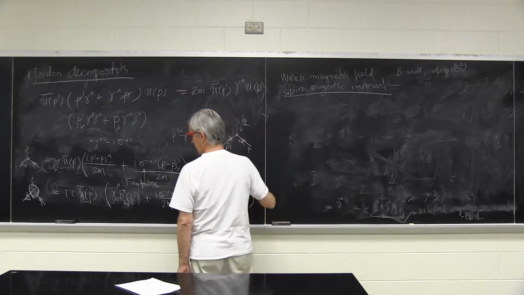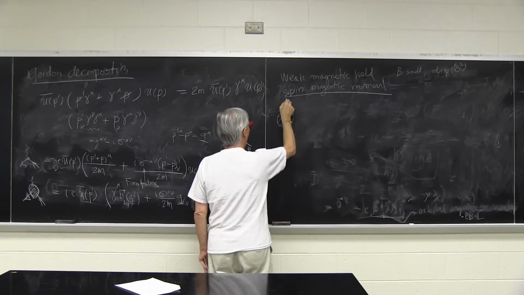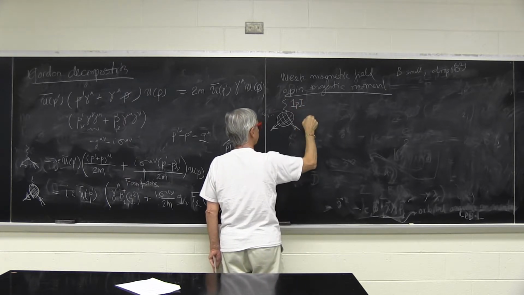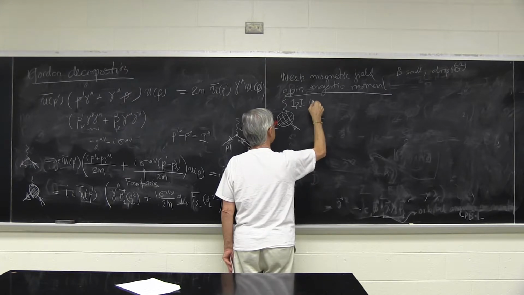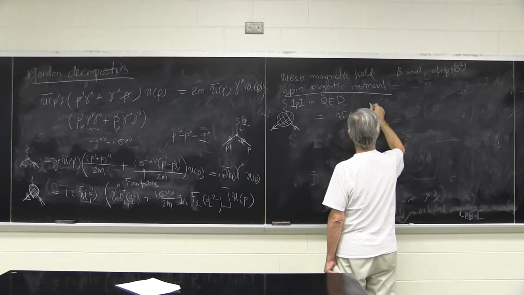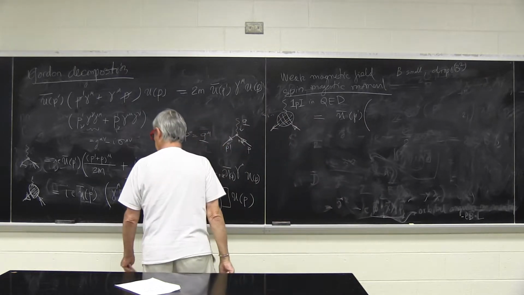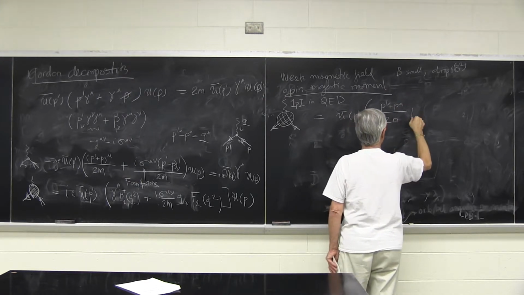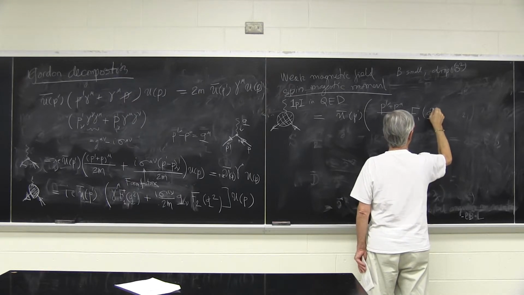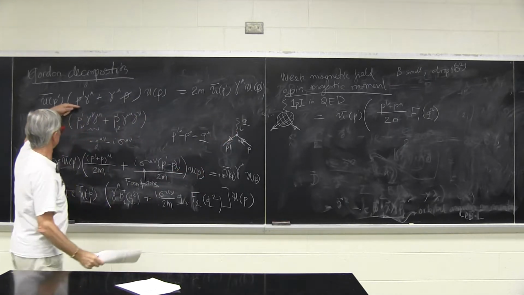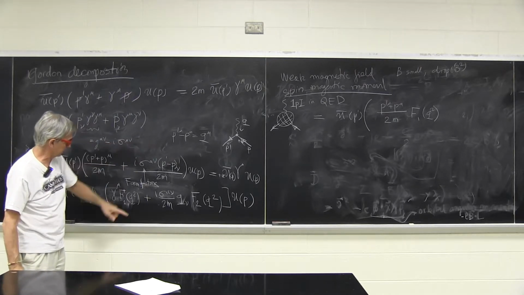So the one particle irreducible vertex in QED can also be written as u(p') ... (p' + p)/2m. But if you use the Gordon decomposition and replace it by p's, then we'll get an extra contribution to this term.